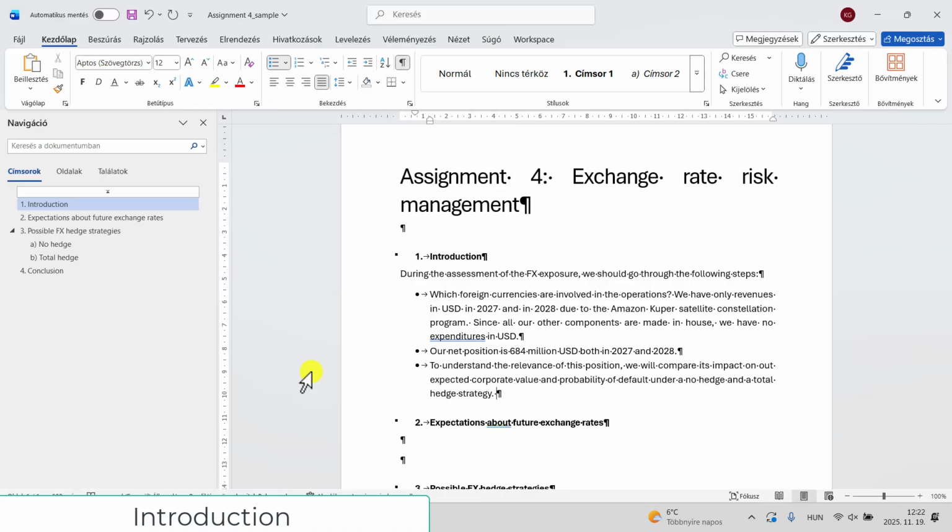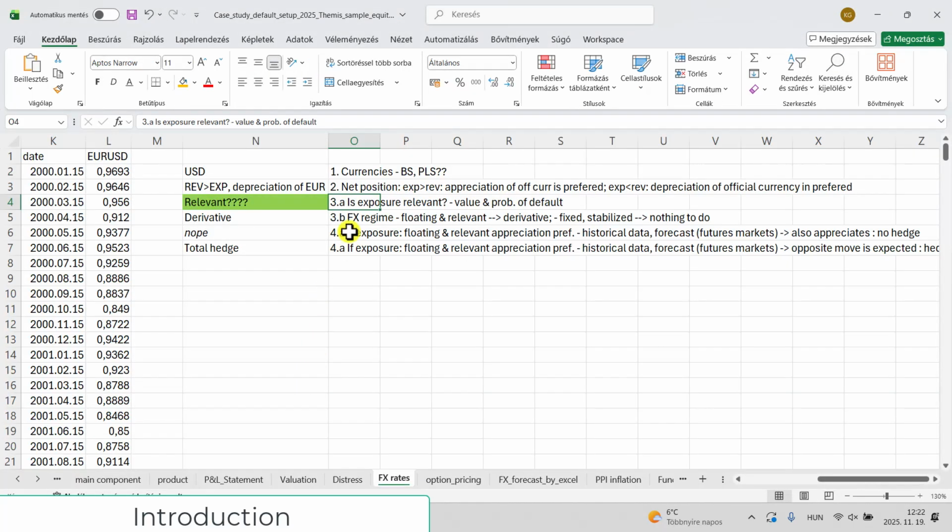If we can see that it doesn't have an impact, then obviously we should not hedge. If we can see that, yeah, it's way better under total hedge, then we will follow that one. So relevance solved.